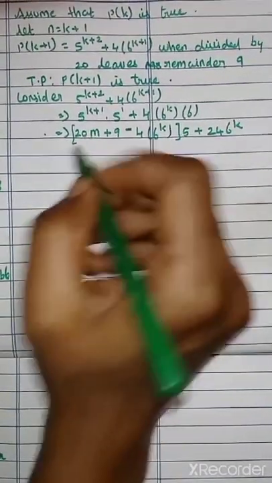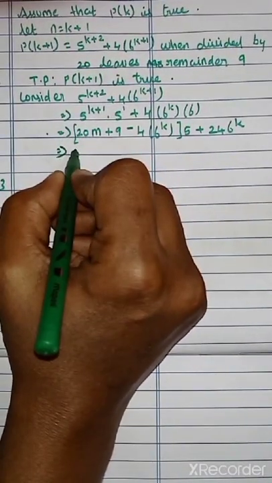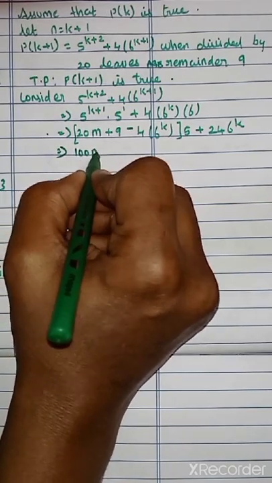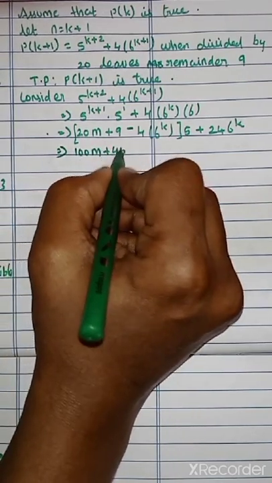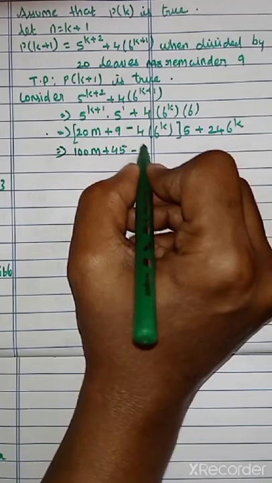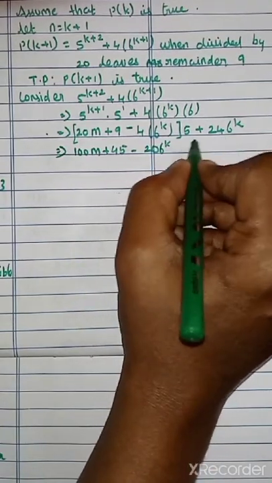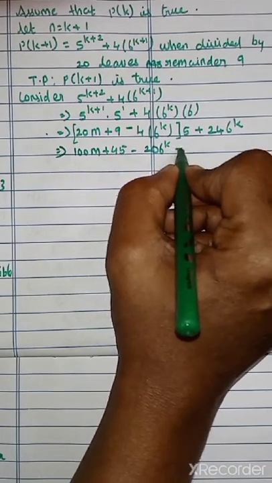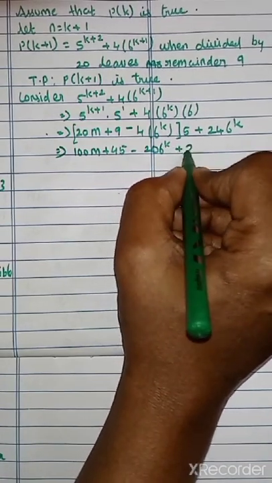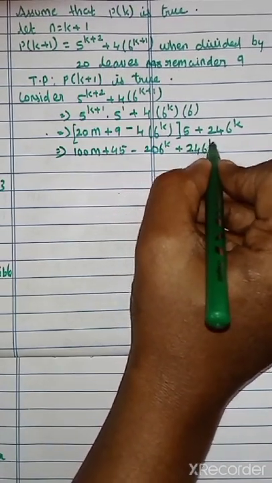So if we multiply this 5 inside, we will get 100m plus 9 5s are 45 minus 5 4s are 20, 6 power k, right? And plus this one, we can write as 6 4s are 24, 6 power k.